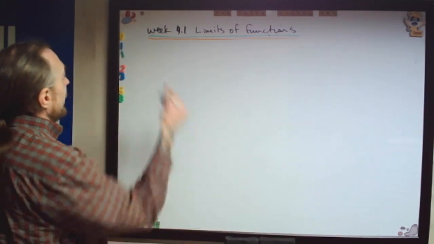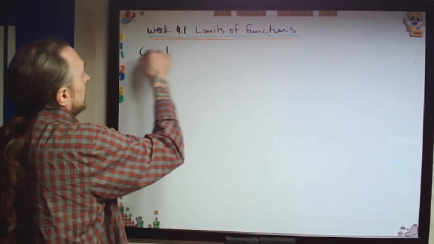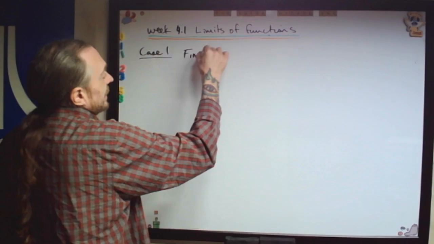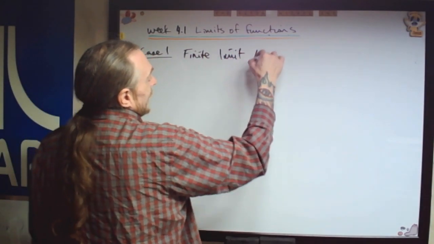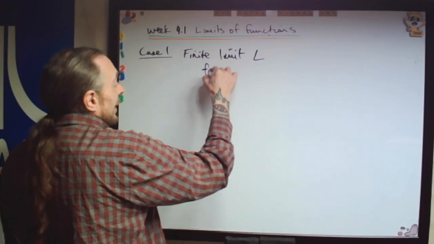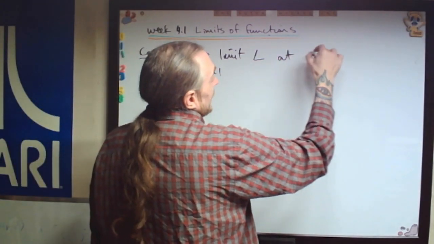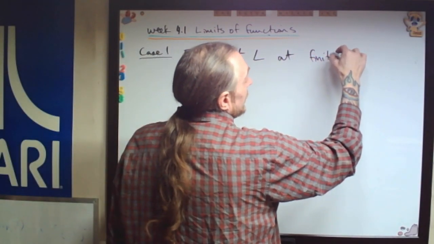If we have case 1, we have a finite limit. That means L, so that's the function f of x at finite values.